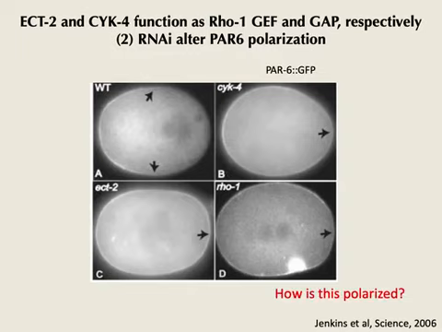So still, where does the polarity come from? One thing I have not shown you, and it's still a little bit controversial, but the model was very appealing, and as a matter of fact, it was published in Science, is where the proteins are: ECT2, the activator, the GEF, or CYK4, the GAP, the inhibitor of Rho. ECT2 is everywhere. So it's basically constitutive, and you might expect that, right?